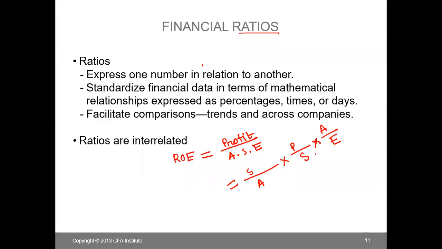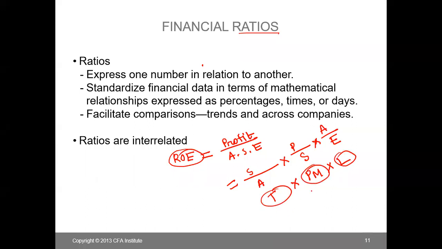It is the leverage, it is the profit margin, and it is the turnover ratio. So you see how these are interrelated. It is the turnover ratio, the profit margin ratio, and the leverage ratio. So you see that return on equity is related to these ratios.